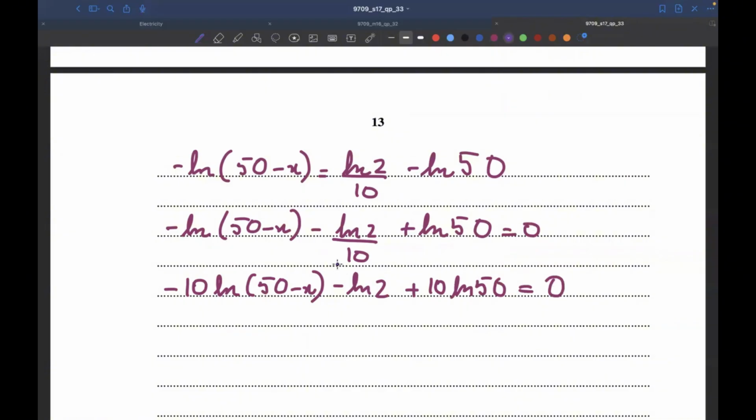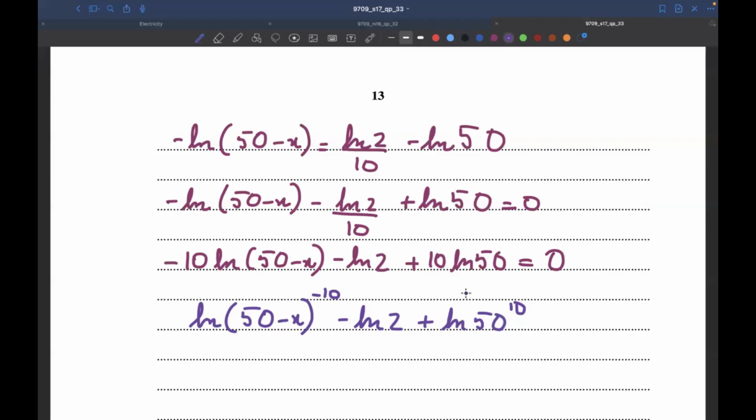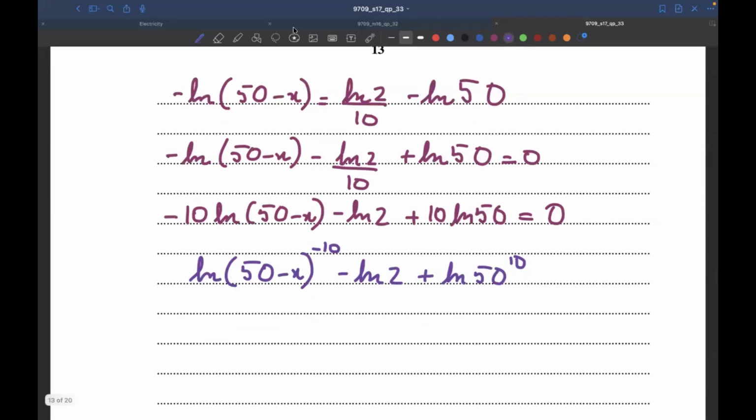Now applying the basic laws of logarithms, we can bring the minus 10 power over here. However, this becomes too complicated.